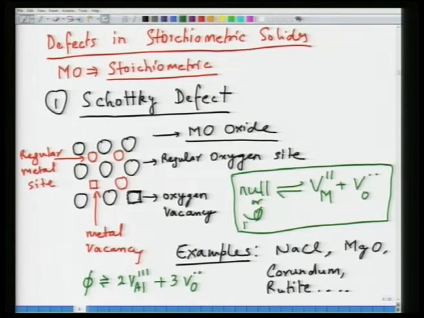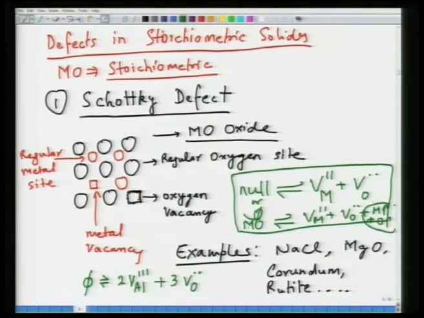You can also think of this in this way, MO being Vm plus Vo. Now, M goes out and O goes out. O will of course go out in the form of half O2, but M, unless the metal is volatile, it won't go out. So, this is not a very accurate way of writing, but you can understand this in this fashion as well.